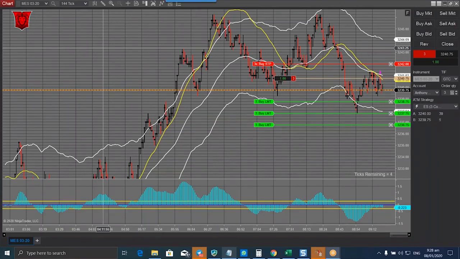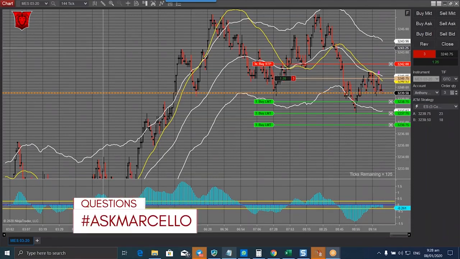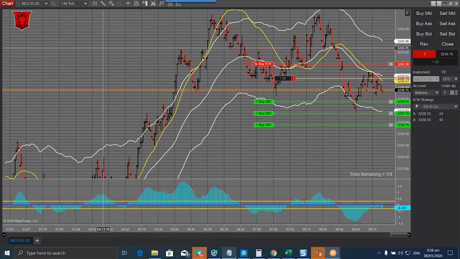So now I've increased my contracts to 3. Again, the value of one tick is $1.25. So this is a great opportunity to basically test yourself in the live market with minimal risk.